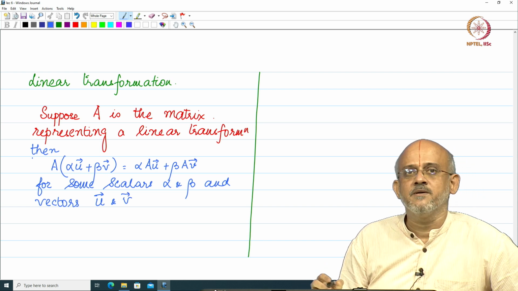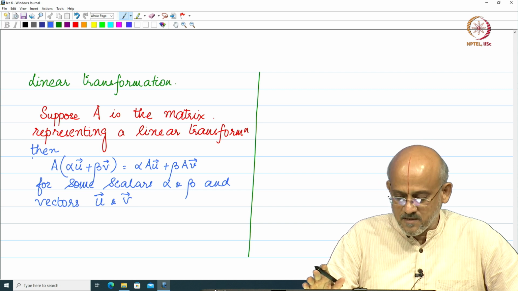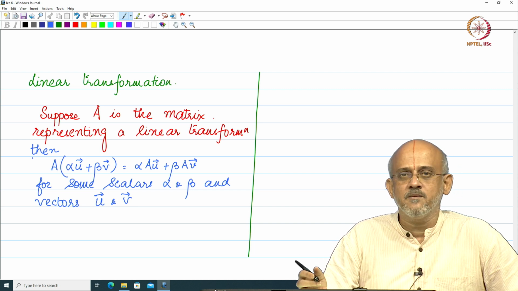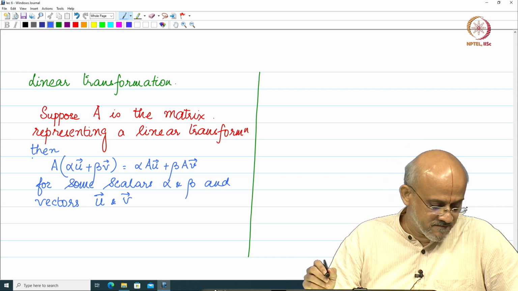Again, have in mind that we are only looking at whatever is happening in 2 dimensions. So, we are just looking at A to be a 2 by 2 matrix, and u and v are 2 component vectors, and alpha and beta are some real scalars.